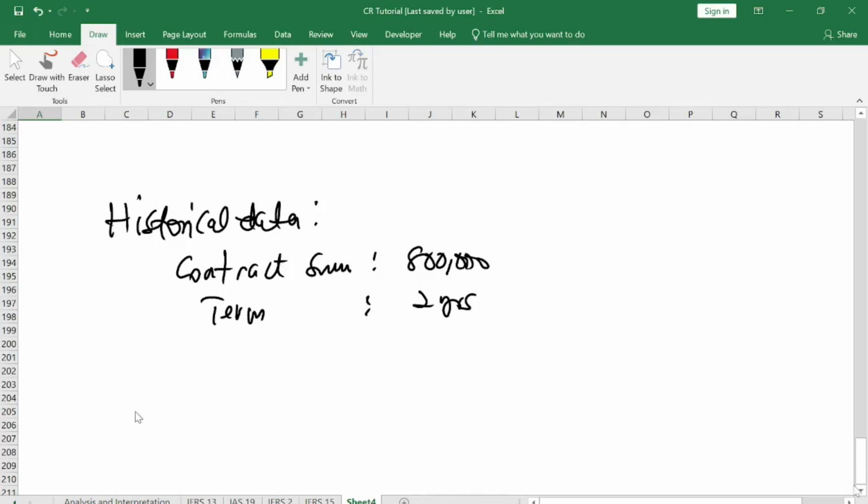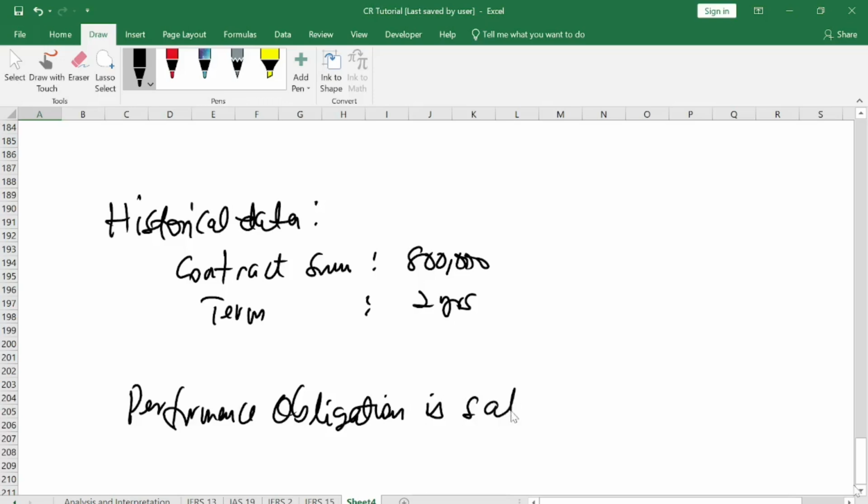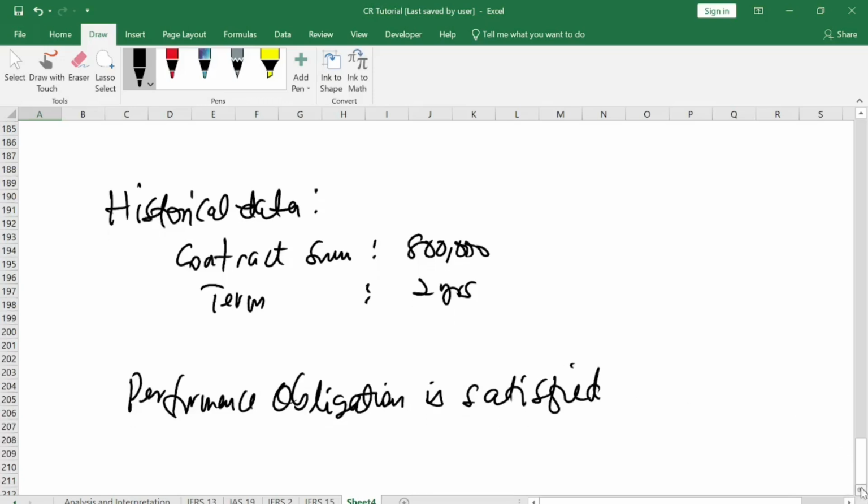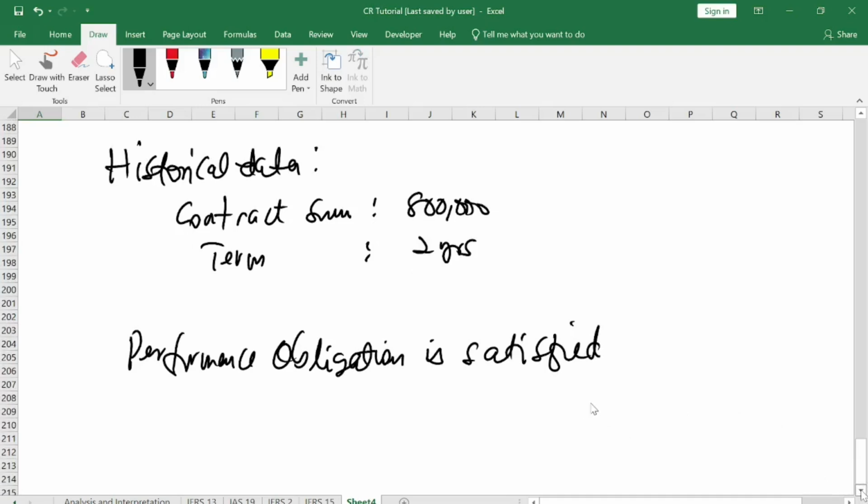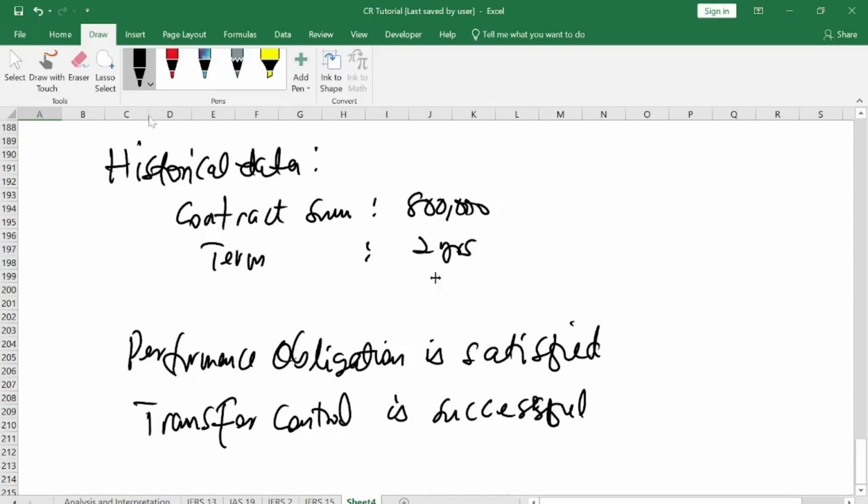So with this one, you realize that the performance obligation is satisfied, because you paid and you received the data. And the transfer of control is also done. Transfer of control is successful. You understand? So that one too is successful here.